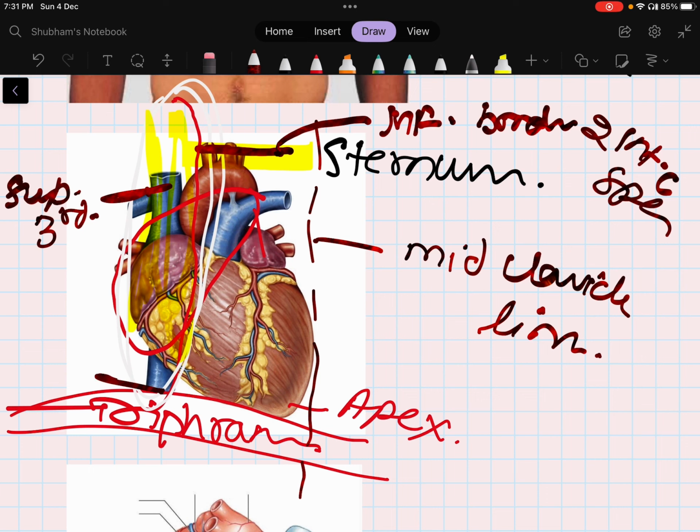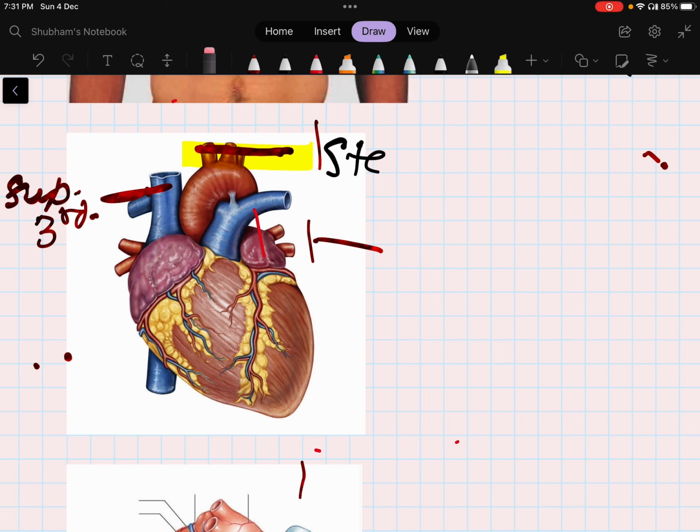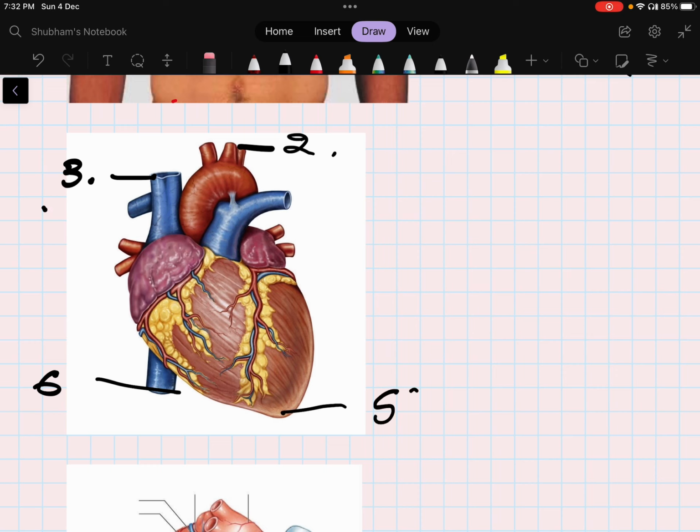It's slightly lifted, so it will go around the sixth, and this will be around the fifth, right? So let's say we want to rule out the borders again. We are going to remember it very simply: second, third, sixth, fifth.